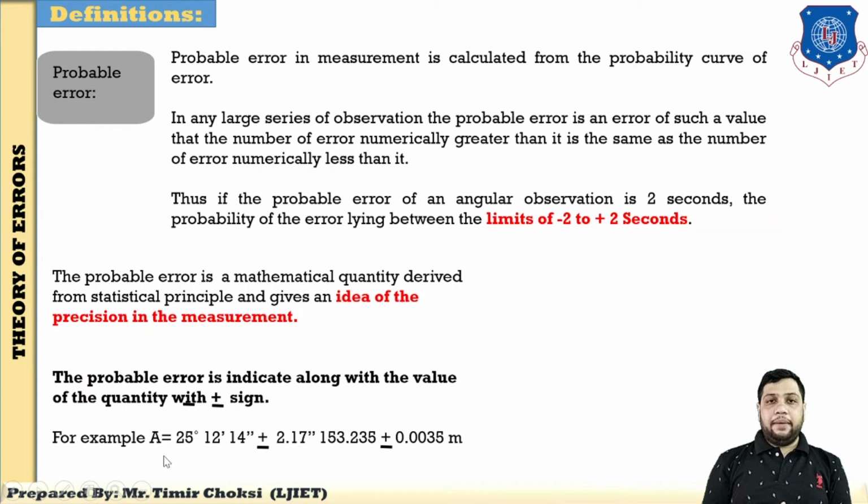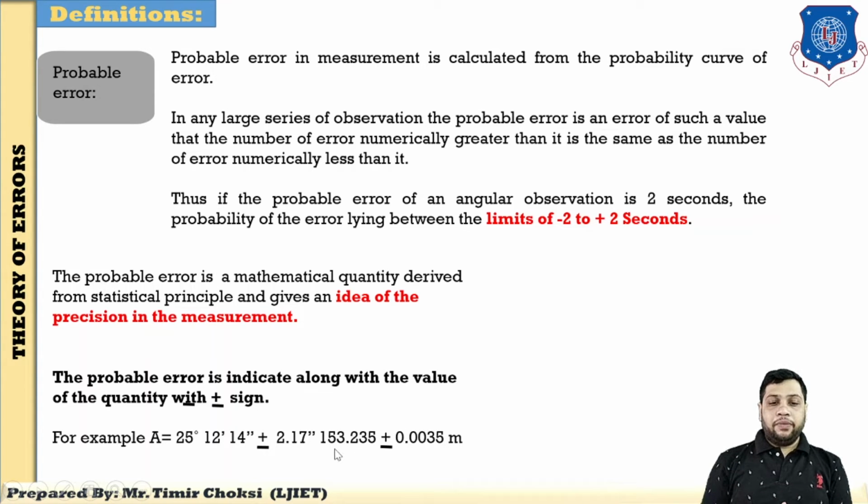You find the angle AOB. For example, angle A is 25 degrees 12 minutes 14 seconds, and you write it as plus minus 2.17 seconds. This is called a probable error. The angular observation of 14 seconds has an error lying between plus 2.17 seconds or minus 2.17 seconds.